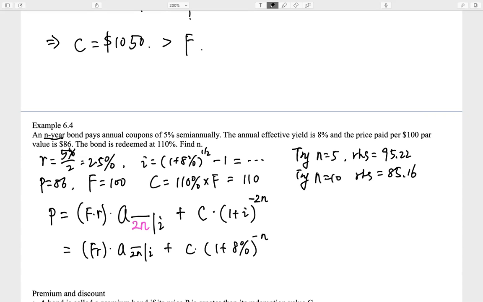What you can do next is linear interpolation. But for this one, you can actually calculate v^n by writing down the equation. So F times R will be 2.5 divided by i, which you already know.